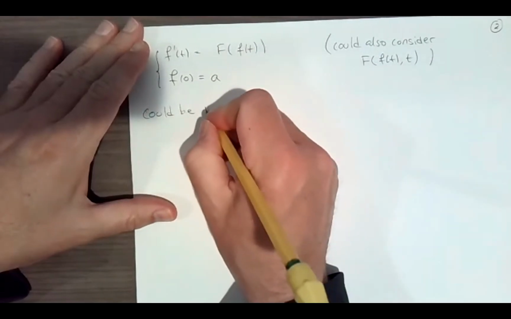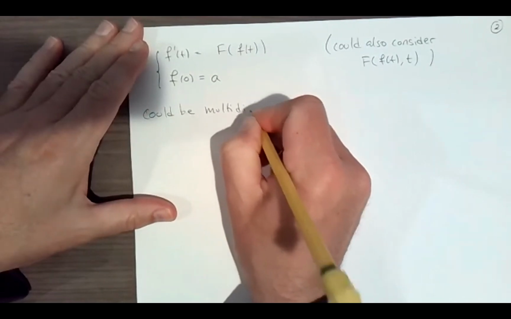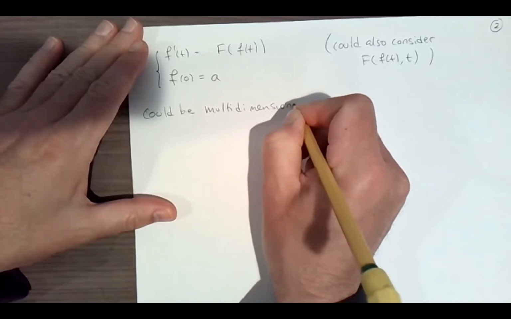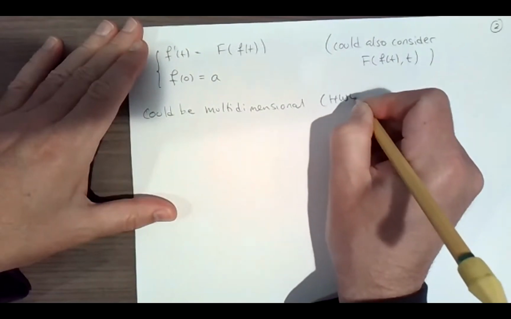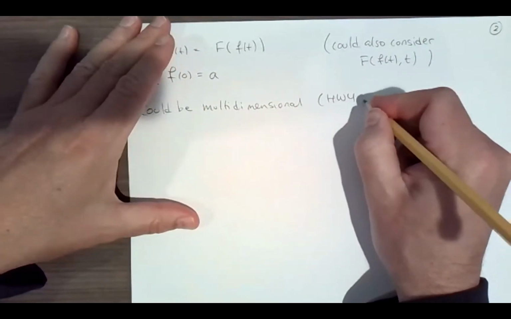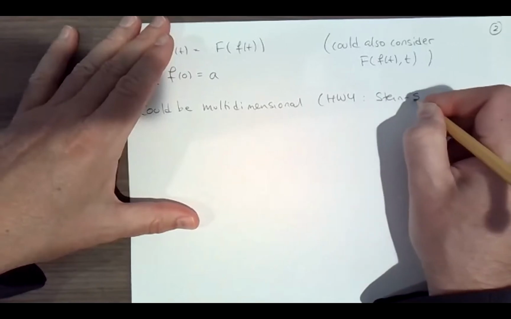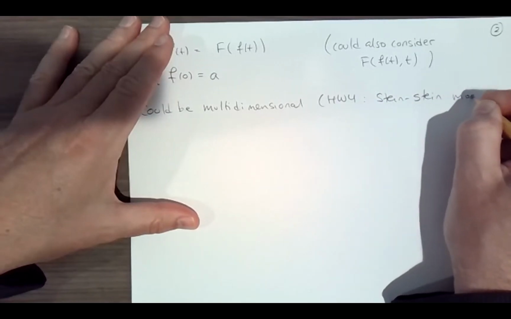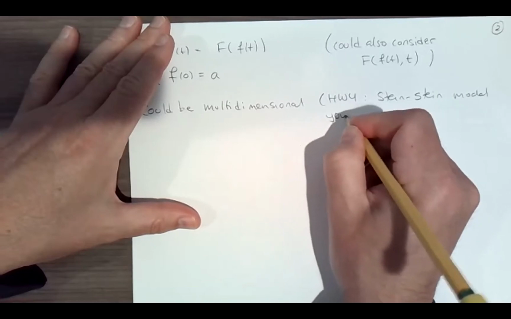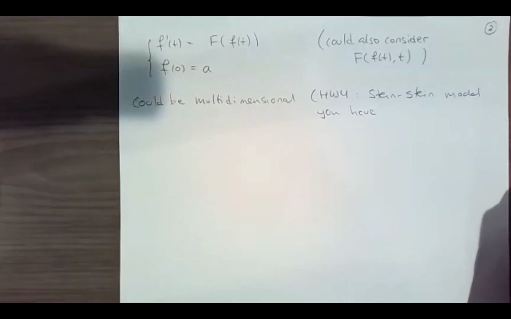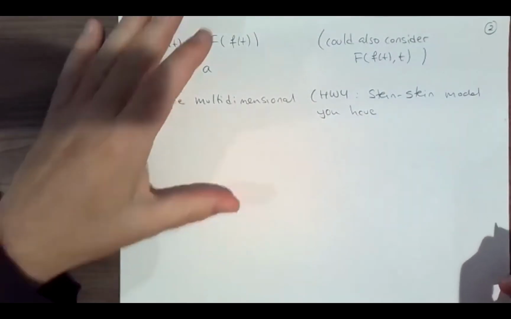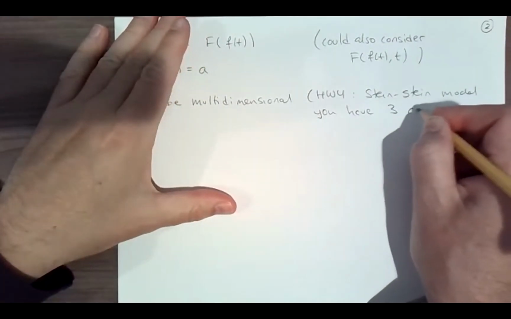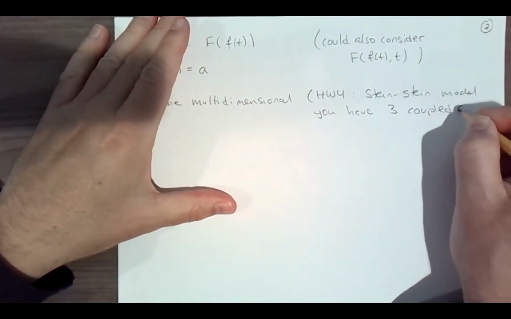But in your homework 4, in the Stein model, you have 3 coupled ODEs.